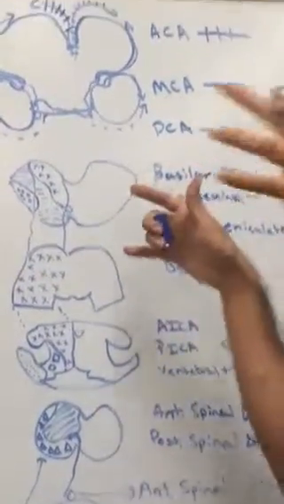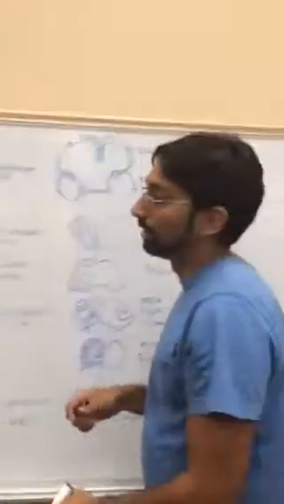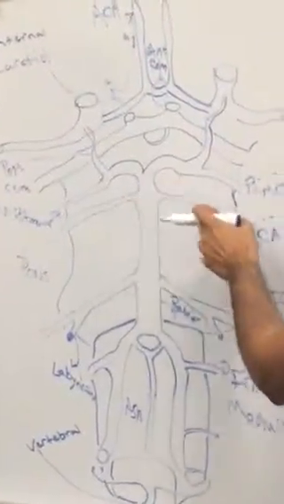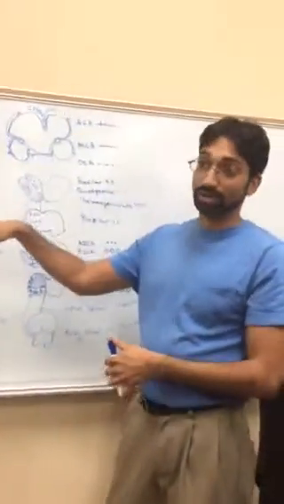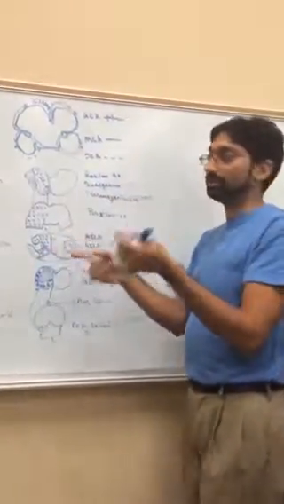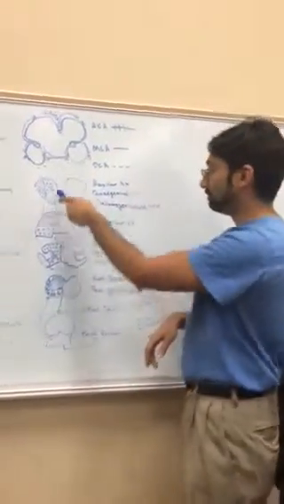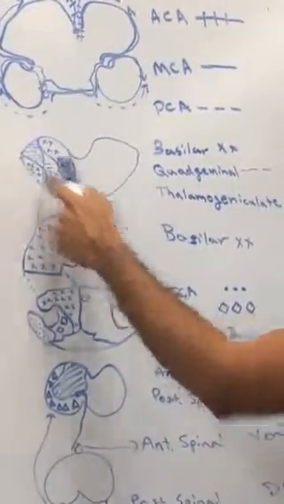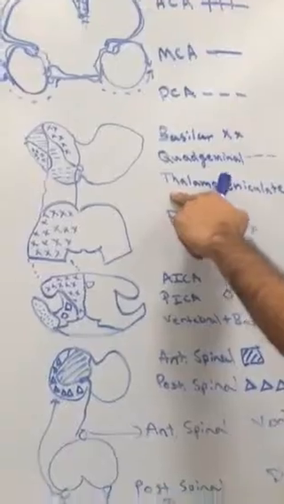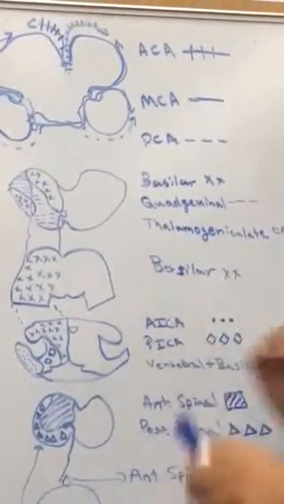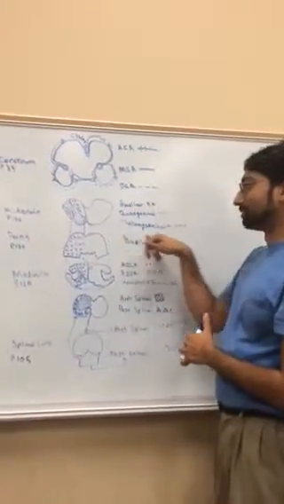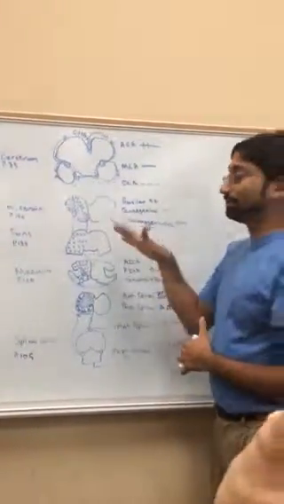And if you remember, from your diagram over here, I don't think I drew the quadrigeminal in, but how it sits just right after the superior cerebellar, but right before the posterior cerebral. And then finally, the thalamogeniculate is going to be your most outer portion, and just as its name implies, it's going to be the one that actually runs through part of the thalamus. So not all of the thalamus is supplied by thalamogeniculate, so keep that in mind.